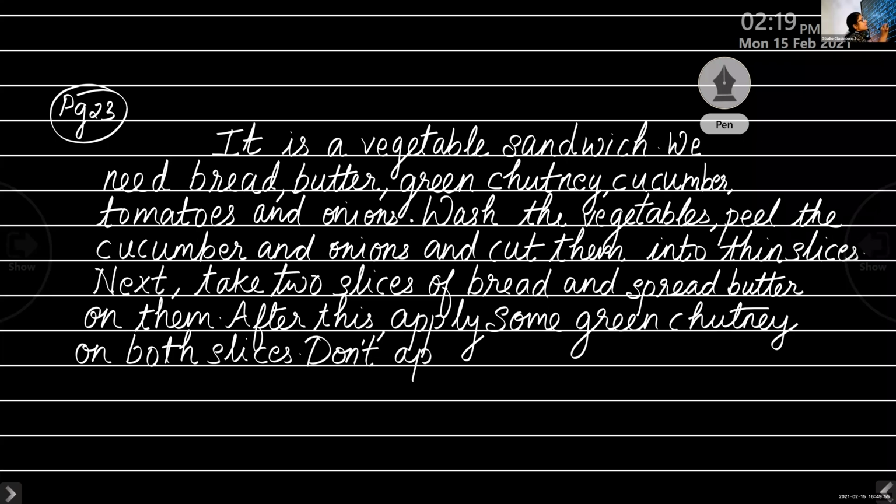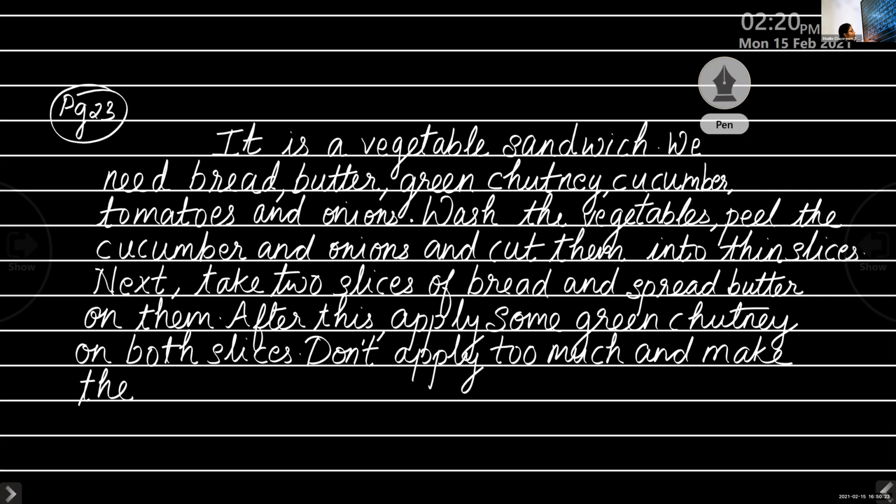Don't apply too much. What do you mean by too much? More than required. More than needed. Don't apply too much and make the sandwich very spicy.